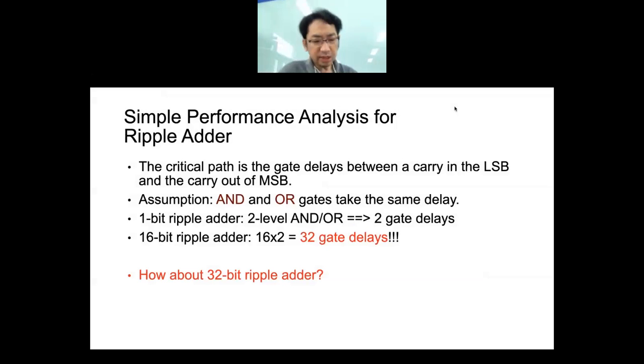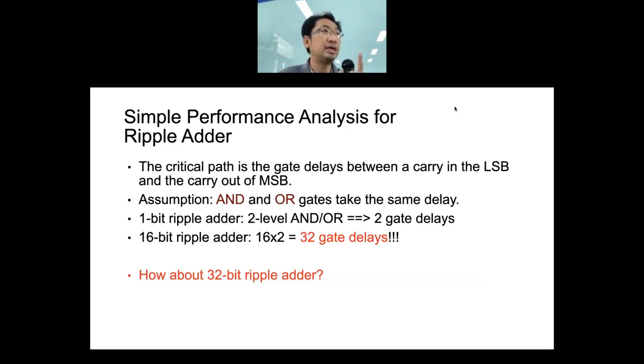Okay, come back to our analysis here. Because the one-bit ripple adder is a two-level AND-OR, it means that we need two gate delays, one for the AND gate, one for the OR gate. All three AND gates work at the same time, in parallel.